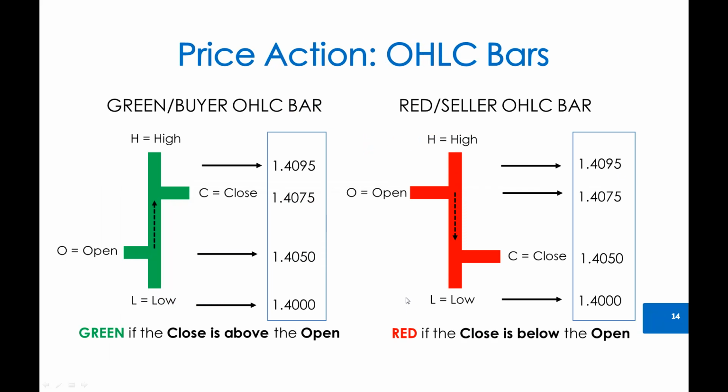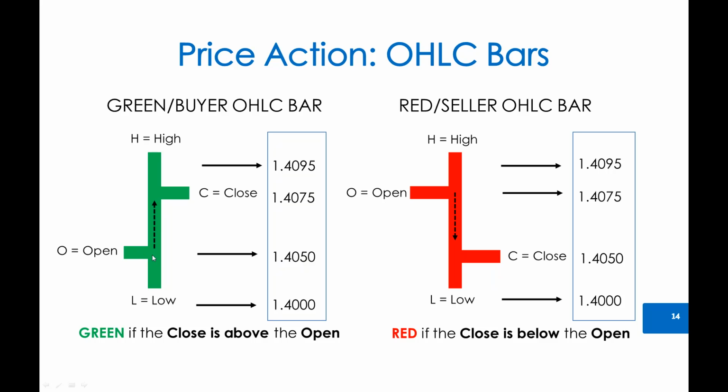The individual bars themselves we are teaching you with OHLC bars. OHLC stands for open, high, low and close. What this means is the left hand tab to the side of the bar corresponds to the price that the bar opened at.